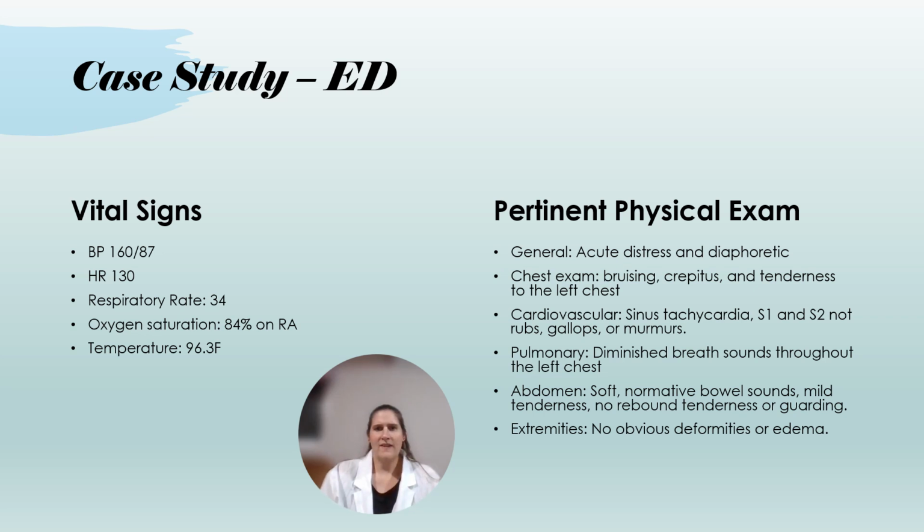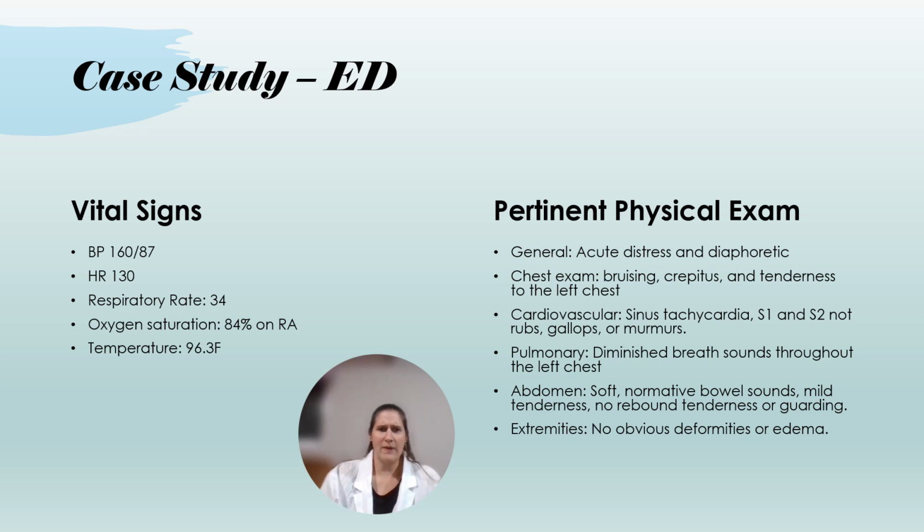A CBC, CMP, and lactate are also acquired and are all within normal limits. In addition to these, an arterial blood gas is also performed while the patient is on 5 liters nasal cannula, which shows mild respiratory acidosis.